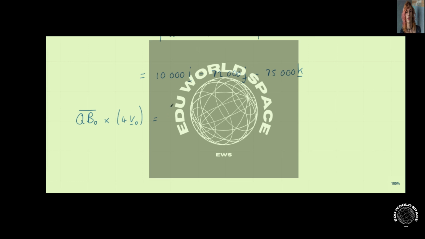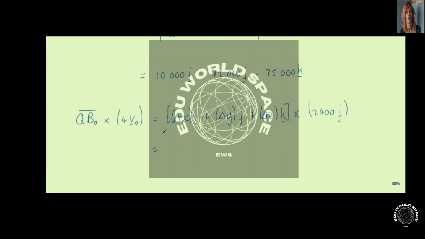And this is delta x in the I direction plus delta y in the j direction plus delta z times k cross with 4v naught, which is 2400 j.